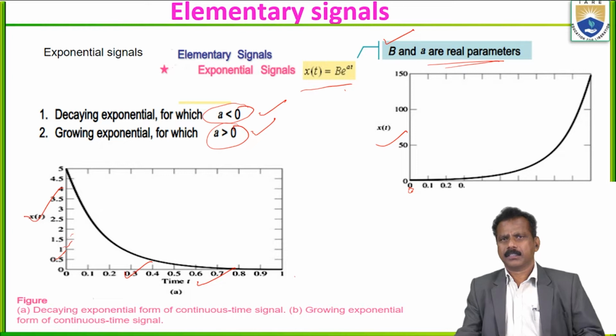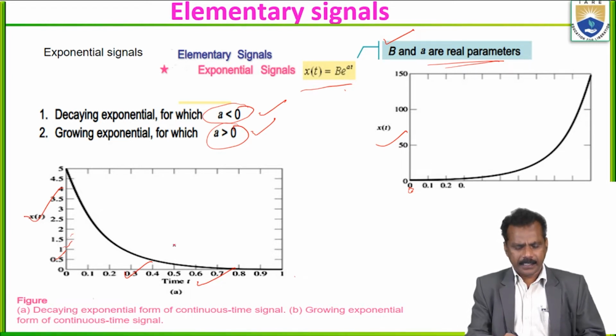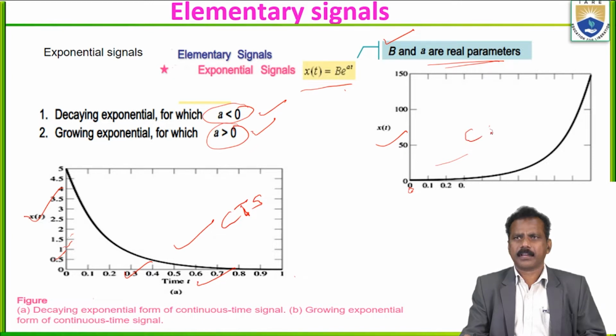This is the decaying exponential form of a continuous time signal, and this is the growing exponential form of a continuous time signal.